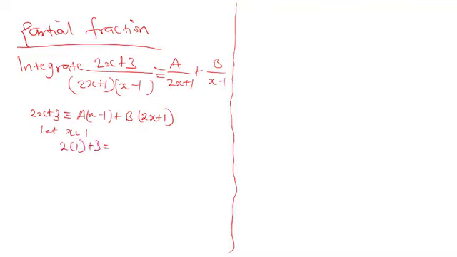Here 1 minus 1 is 0, so automatically the A term vanishes. We now have 2 plus 1, 3B. So therefore the value of B is equal to 5 over 3.